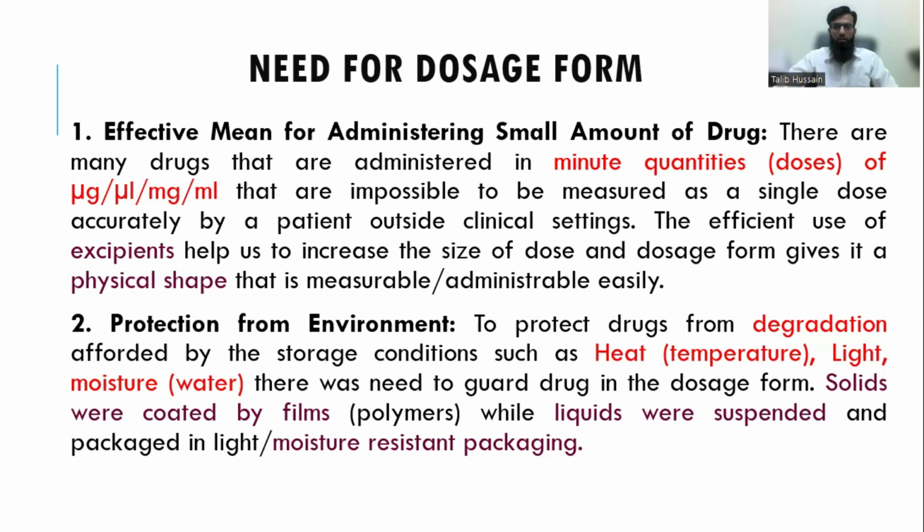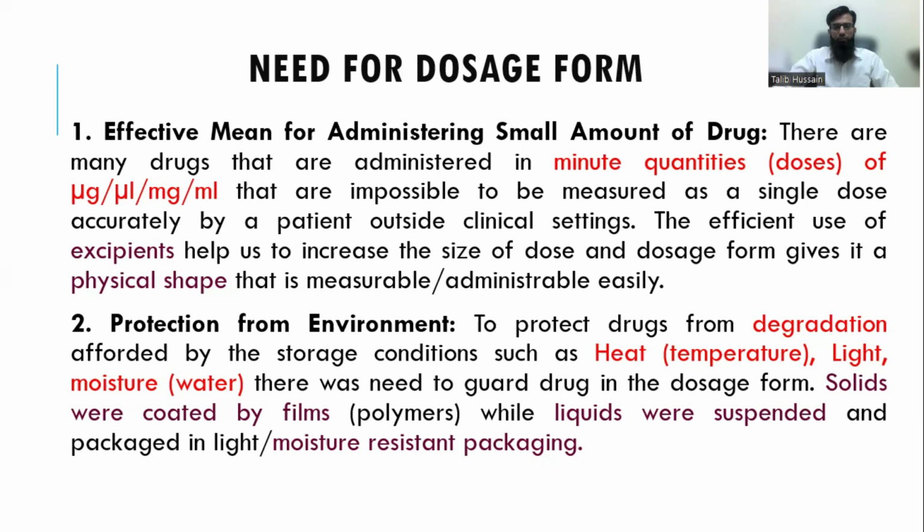So the need for the dosage form is actually to define why we have created such a device or a product which carries a drug substance and is suitable to be administered in a biological body, that after it is administered can produce a specific effect.